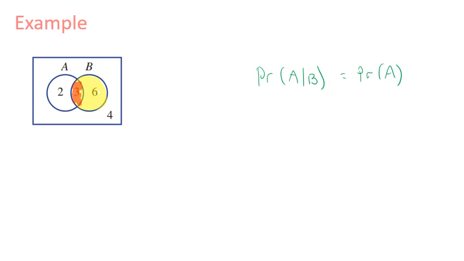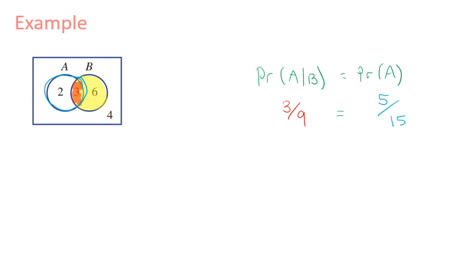So 3 out of 9. The probability of A, so A is this whole thing here, out of the whole thing in total. So we've got 2 and 3, which is 5. And then I add these up, 2 plus 3 plus 6 plus 4 out of 15. Okay, now here, these actually are the same.